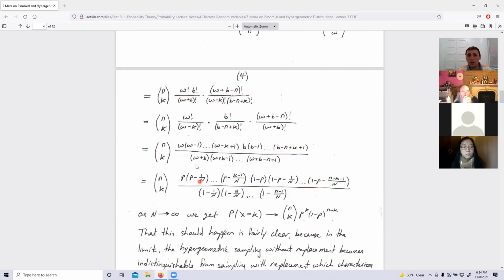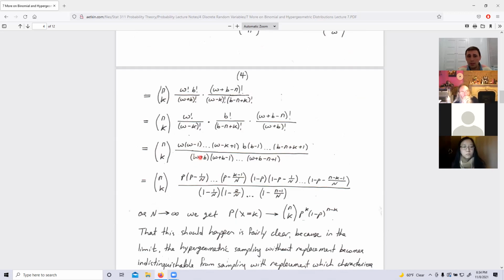And then what do I do? I take this number. So w over w plus b is the number p. So I divide this and this by w plus b. So this w plus b is gone, and here I get p. Now here I divide. I say I have w plus b. I divide this by w plus b and this by w plus b. What do I get here?